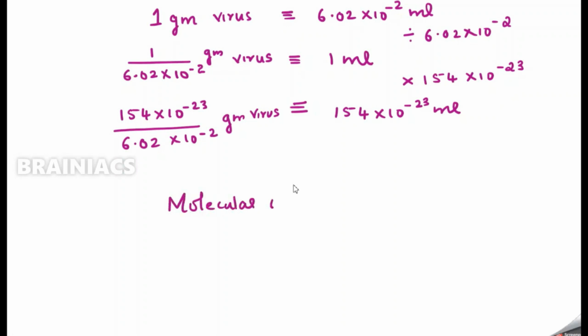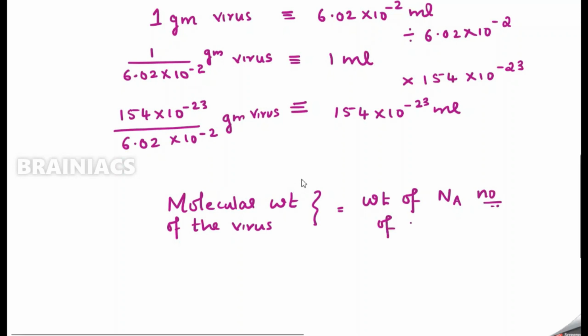We have learned in our fundamentals that Avogadro number of particles is present in molecular weight. That means the molecular weight of the virus is the weight of Avogadro number of virus particles. That will be the molecular weight of the virus, correct?